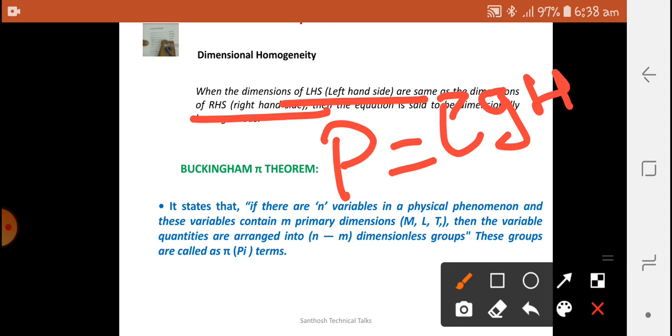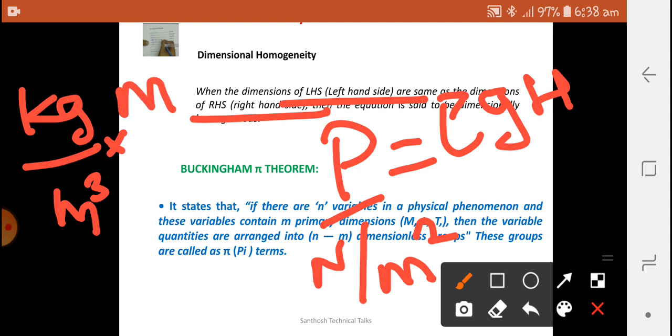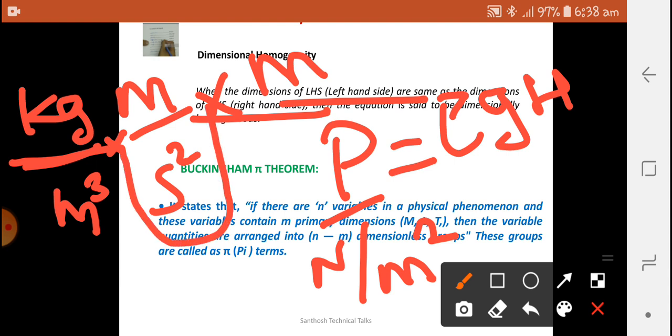We know that the unit of pressure is Newton per meter square, where the density is kg per meter cube, into the gravity, which is meter per second square, and height in terms of meters. We know that kg meter per second square is nothing but a Newton.